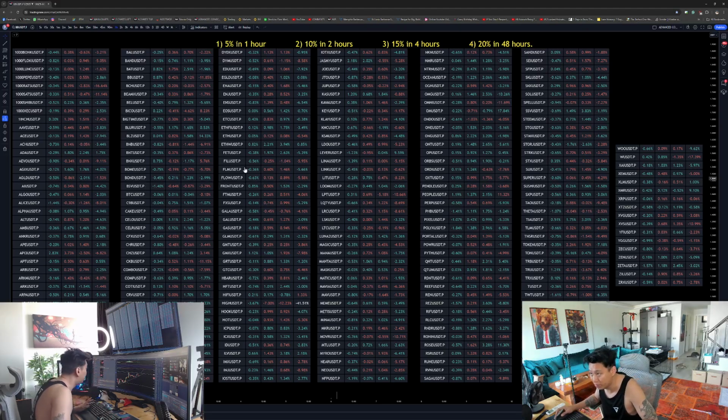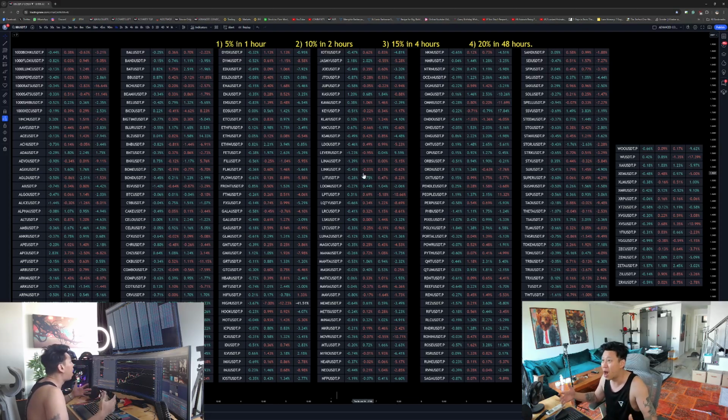So as long as one of the four criteria is met, what will happen is it will highlight green. So you see the colors here that are green, and you see some are red. If any of them move over this criteria, any of the four, it gets highlighted green. So it becomes a green box.